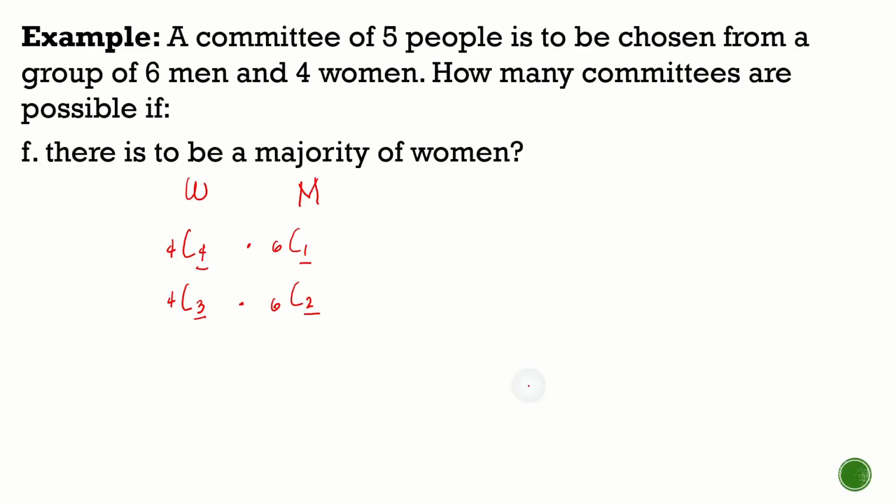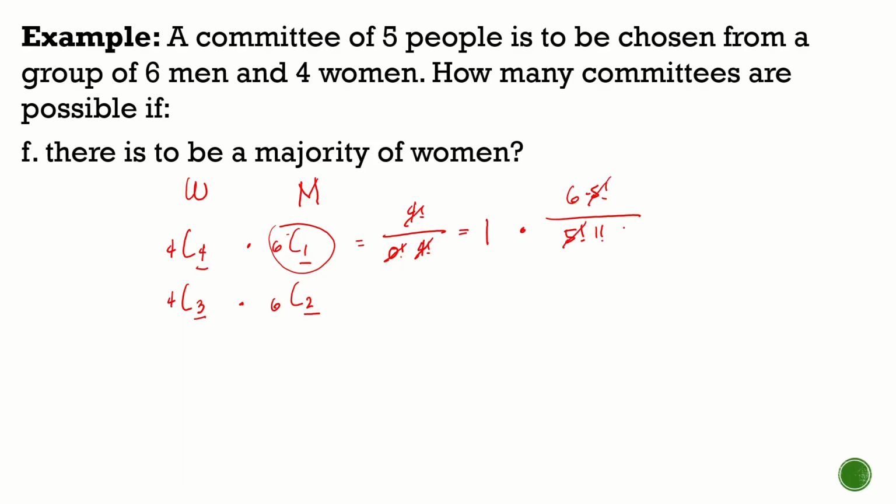So this is equal to 4 factorial all over 0 factorial. 4 minus 4 is 0, and then 4 factorial. So cancel. 0 factorial is 1, so that means this is just 1. Times 6 times 5 factorial all over 5 factorial. We're solving this now. 6 minus 1 is 5, and then 1 factorial.